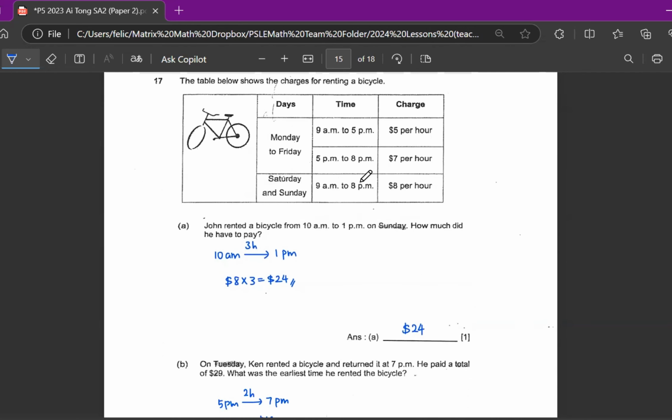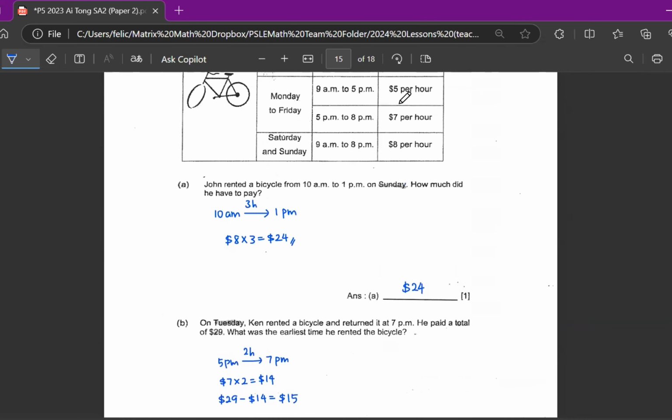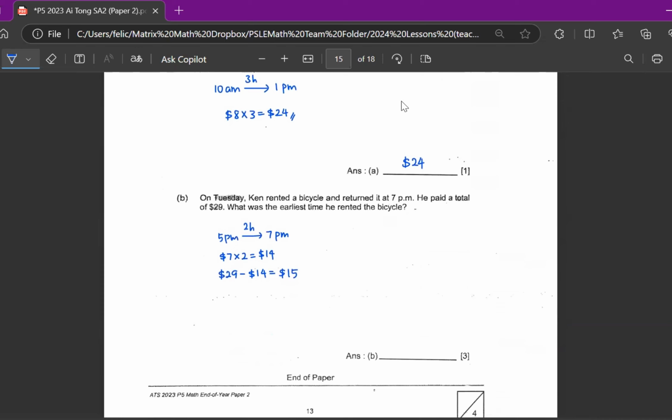This $15 has to go to the first category, the cheaper category. And this $15, notice that it's actually in the category of $5 per hour. So now you can find the number of hours rented in the cheaper category, which you can use $15 divided by the $5, which means 3 hours.